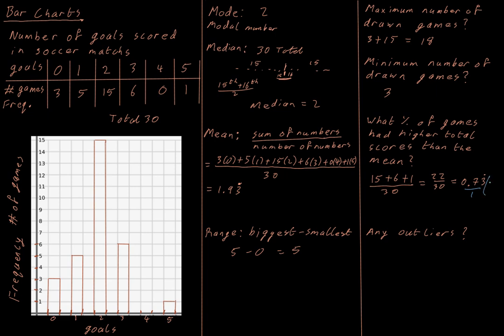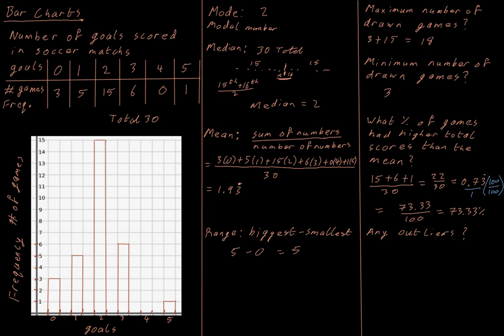So if I want to turn that into a percentage, I multiply above and below by 100. I want to leave that denominator of 100, so I'm going to multiply here by 100, and I get 73.33 out of 100, which is 73.33%, and go to 2 decimal places if they don't tell you to do different.